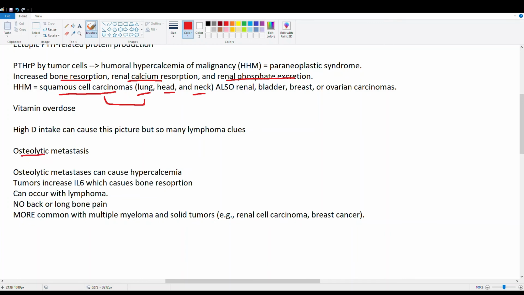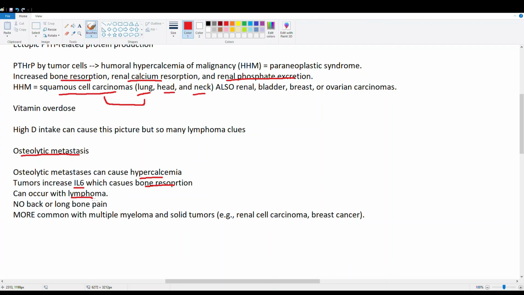Then osteolytic metastasis. This is another way cancer can cause increased calcium, right? Osteolytic, so it's breaking down bone, causing hypercalcemia. Tumors produce increased IL-6, which can cause bone resorption because it stimulates osteoclasts. This can potentially occur in lymphoma.